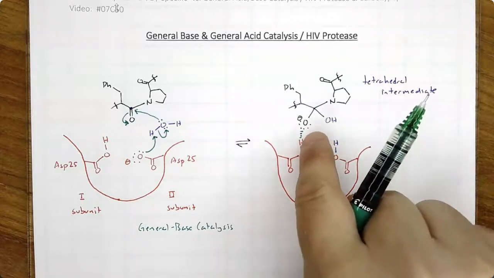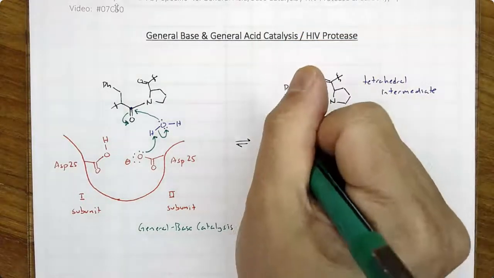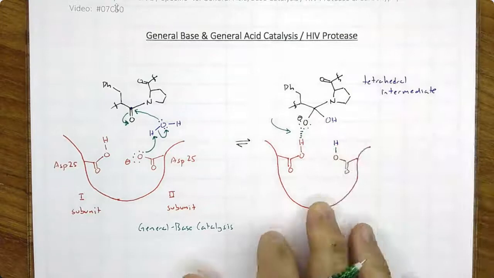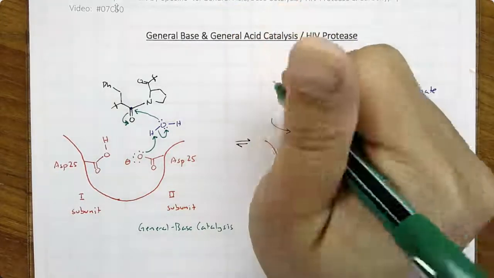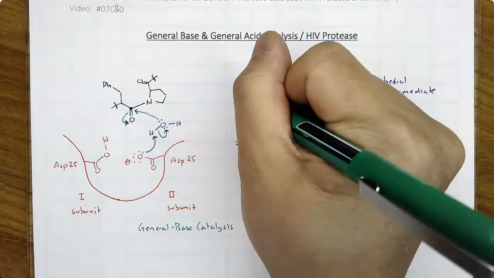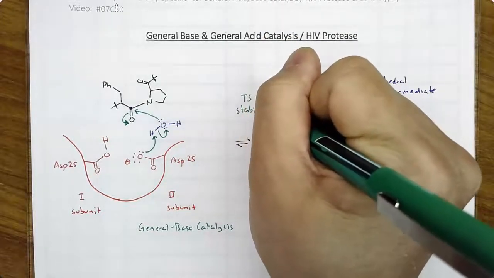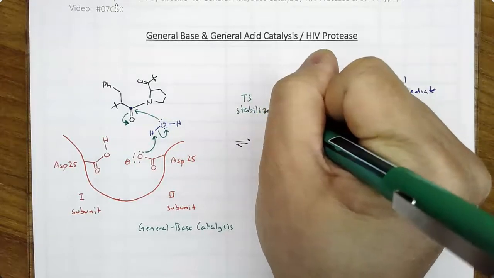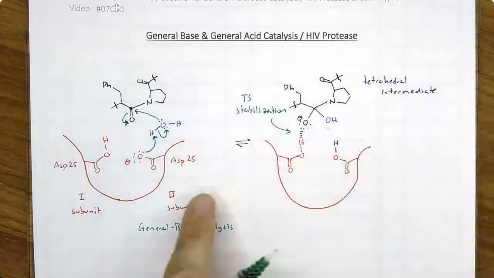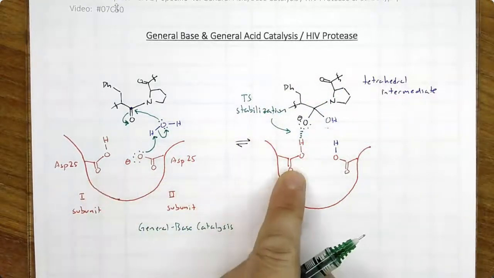And this right here, we're going to say that that is stabilizing the transition state. So this is a very important part of the enzyme. We get transition state stabilization. So that second aspartic acid is very important. This one right here.